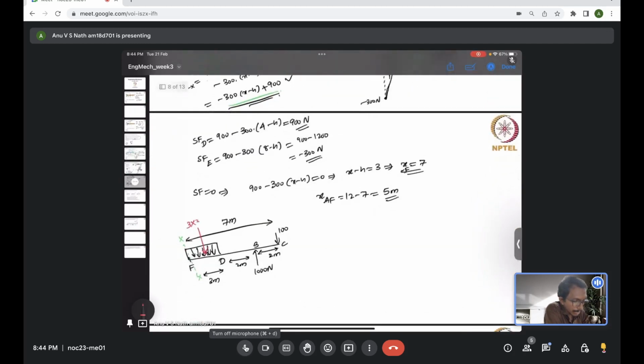So 3 times 300, which is 900 Newton, which is acting through the center of this area, which is 1.5 meter from the end F. Now if we just evaluate the bending moment at F, consider all the moments either on the left or on the right of this particular section XX, which is passing through the point F.